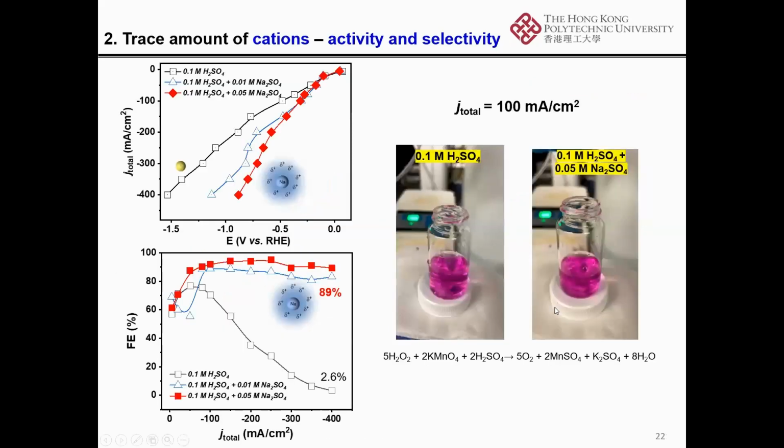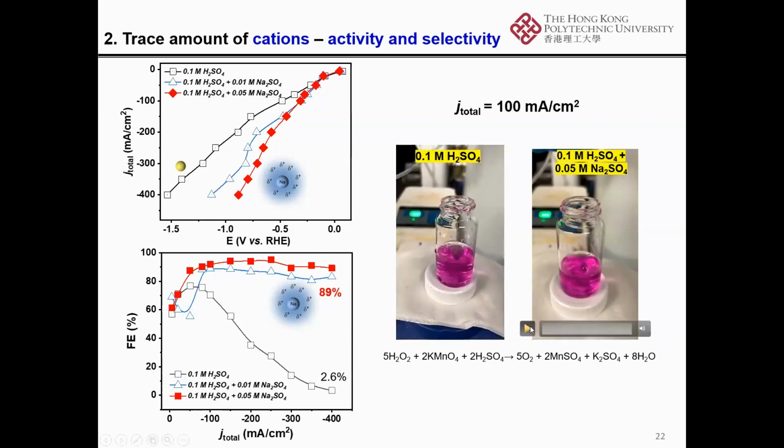We can also further increase the current density. At 400 milliamp per centimeter square, less than 3% hydrogen peroxide can be produced in acid alone. But if we add a small amount of sodium, the hydrogen peroxide concentration is greatly improved.